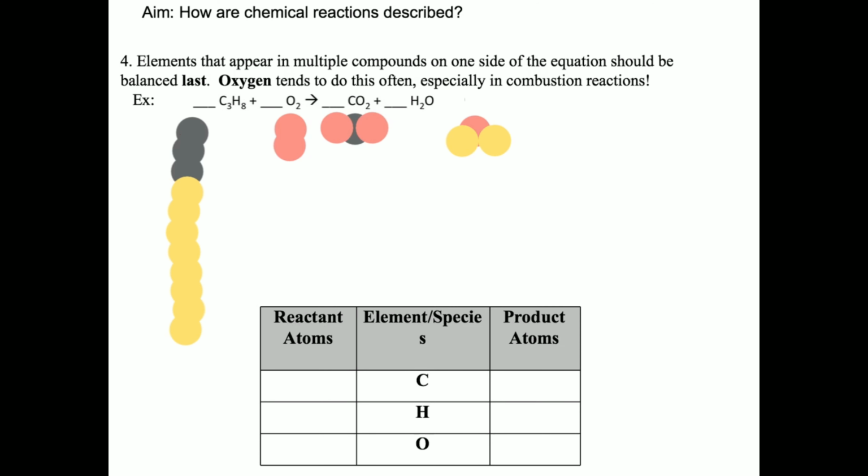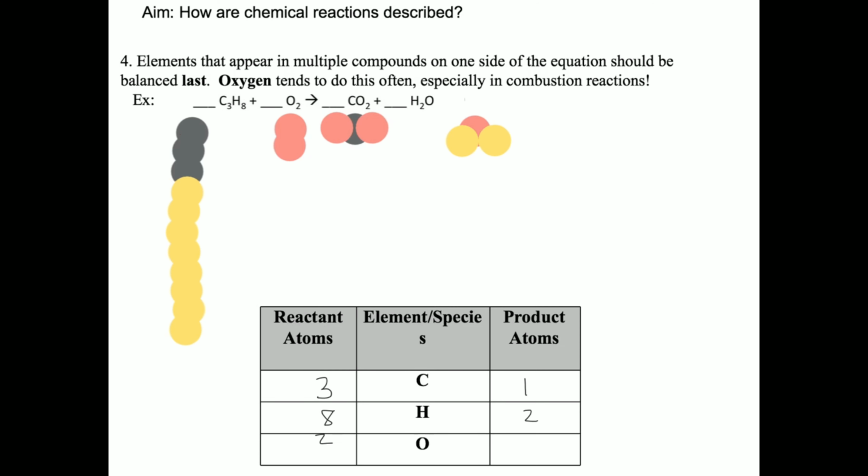Sometimes you'll find that drawing an image is not the most efficient way to balance a chemical equation, but I will still use an image this time, though my preferred way would be to use the chart. So counting the elements on the reactant side, I see that I begin with 3 carbons, 8 hydrogens, and 2 oxygens, and I end with 1 carbon, 2 hydrogens, and for the oxygens, I'm going to write the coefficients separately.